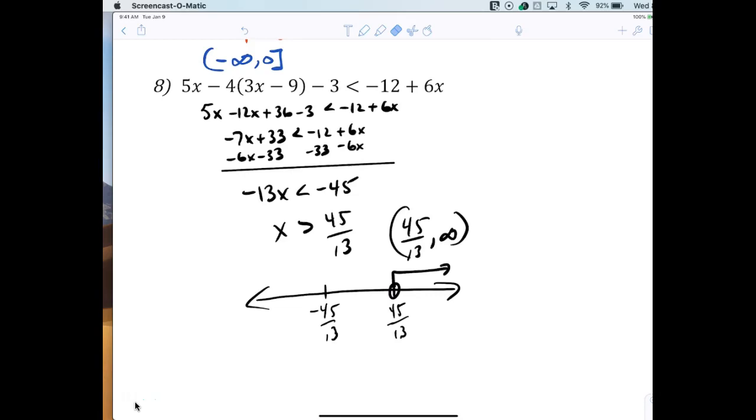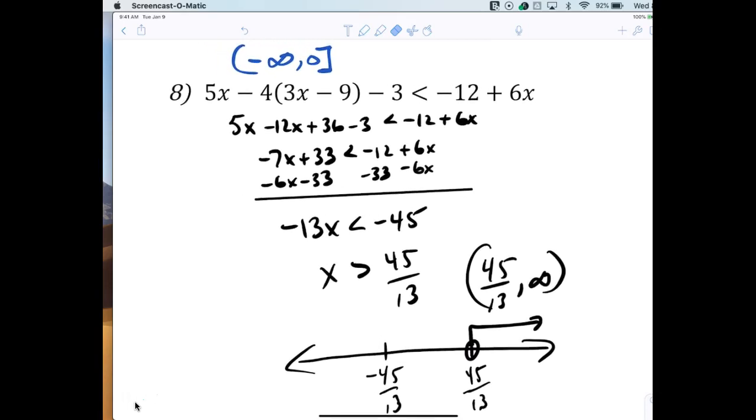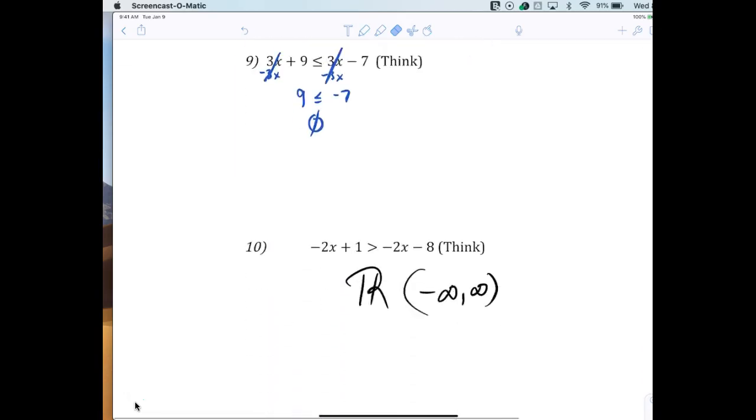That's a good problem. Lots of good algebra there. You see? Yeah. Anybody have any questions with 8? That's a really good problem right there. Lots of math. All right. Going down to number 12.